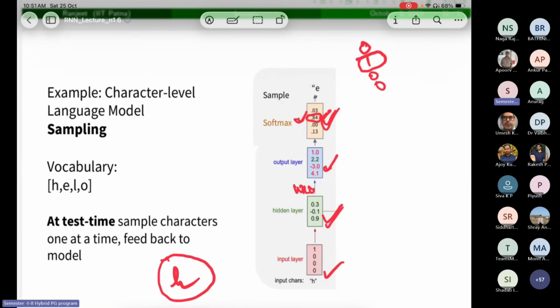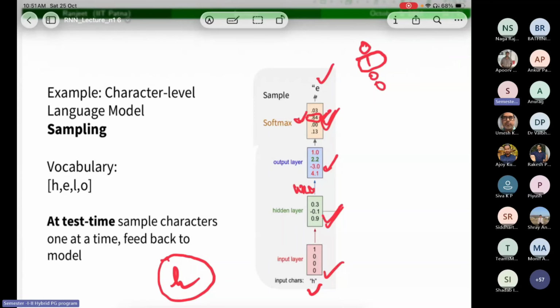Now, how to proceed? With the help of H, I have predicted the E because H was given to me. But after H, we do not have any characters that are given to us. Then how to proceed?